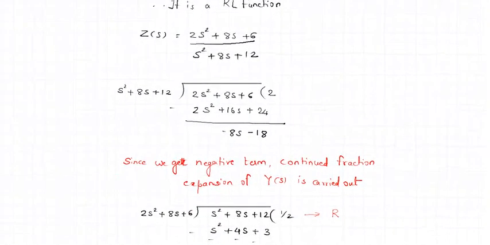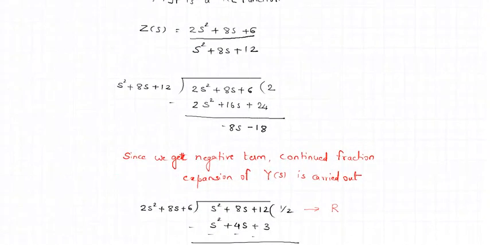Since the order of both the numerator and denominator are equal, we can take the reciprocal, because if we continue to take the division for the impedance function, we obtain negative values which are not acceptable for realization, for synthesis. Hence, to overcome this, we perform the reciprocal.